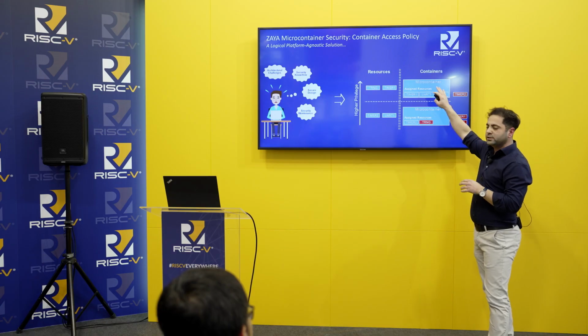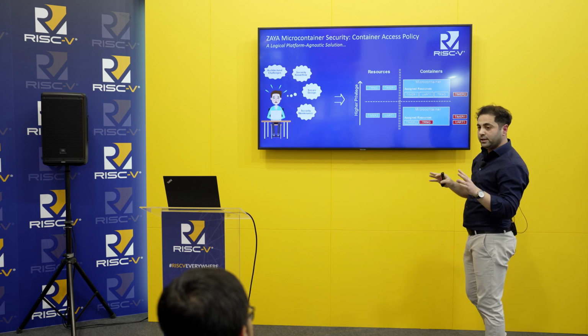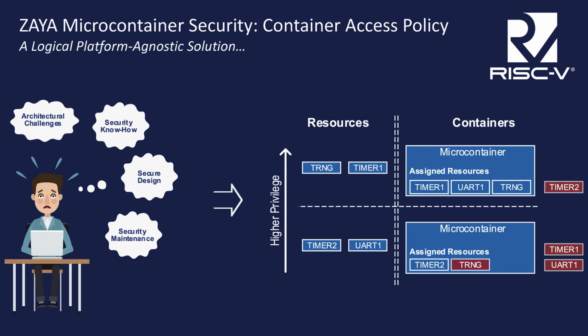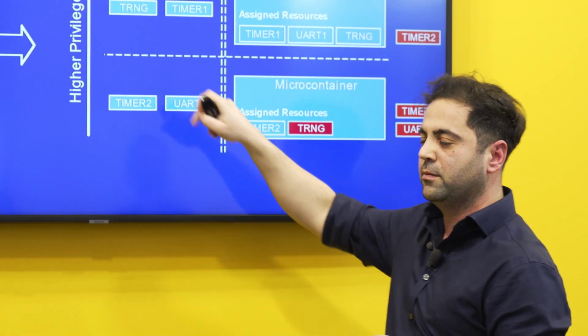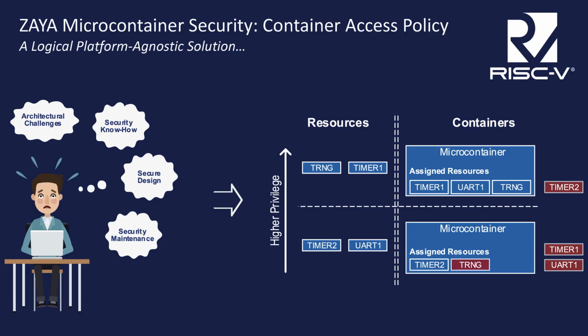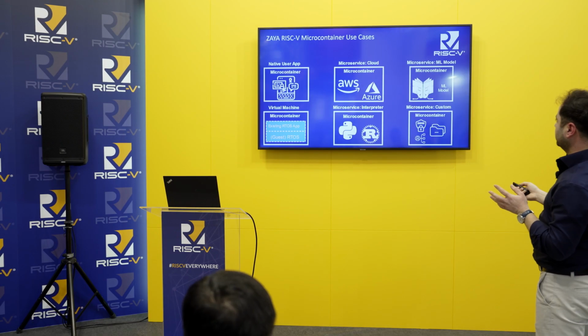By default, a container cannot access any resource, so you have to explicitly assign, but it is not enough. Also, the container privilege level must be enough to access a resource privilege level. So it is a logical definition to simplify the security for a microcontainer.